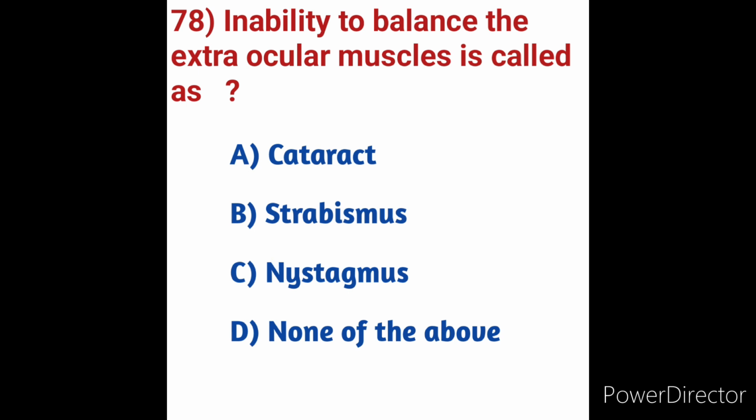Here, the inability to balance the extraocular muscles, having rapid involuntary movements of the eyes, is most common in this condition. Nystagmus is a vision condition in which the eyes make repetitive uncontrolled movements. These movements often result in reduced vision and depth perception and can affect balance and coordination.